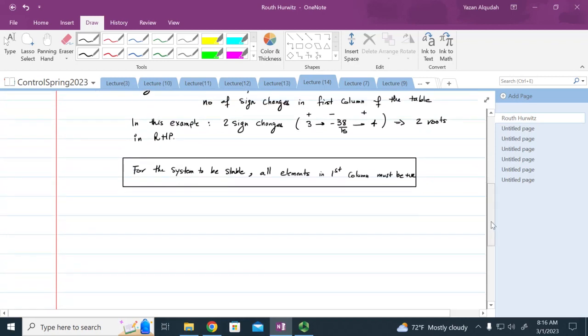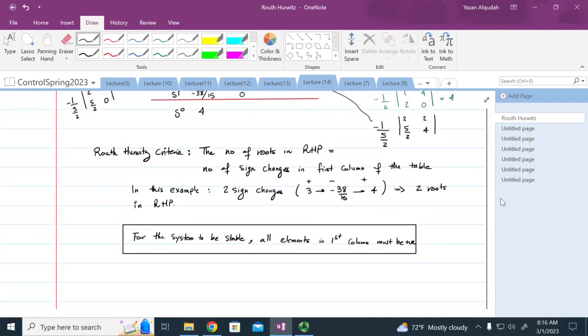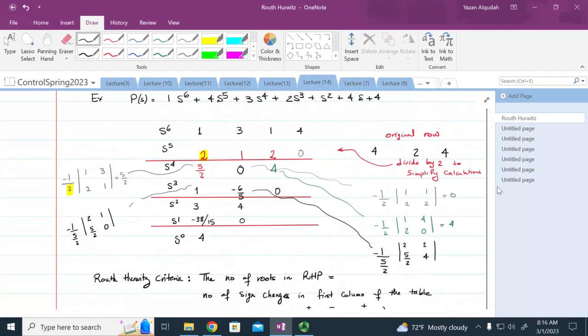Is that clear, everybody? Okay, what could go wrong with this method? Miscalculation. What else? What could go wrong that we have to address?